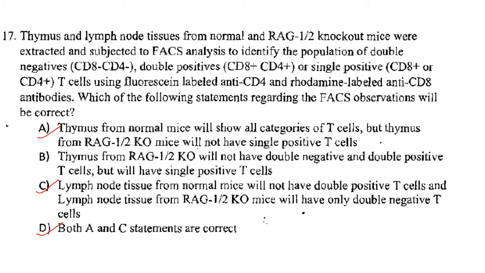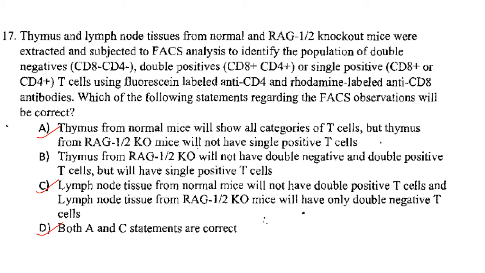Now lymph node, it is the secondary lymphoid organ and has a population of mature lymphocytes. Okay, so mature lymphocytes means these double negatives and double positives won't be present in the lymph node tissue of normal mice, because they have only a mature population of lymphocytes.